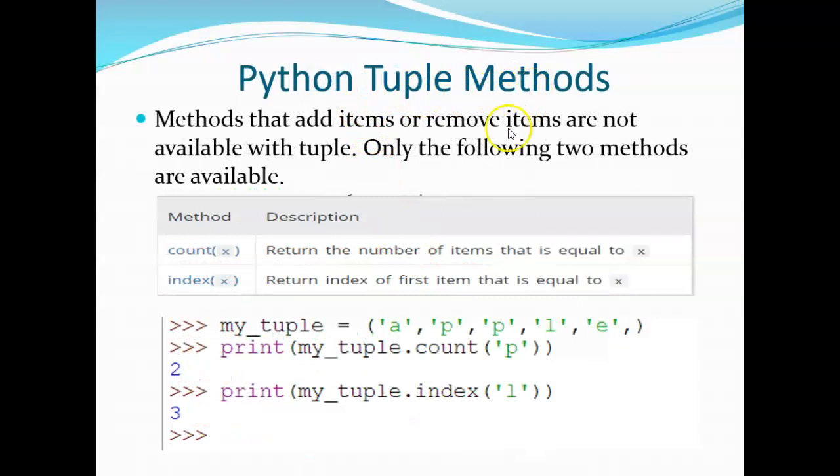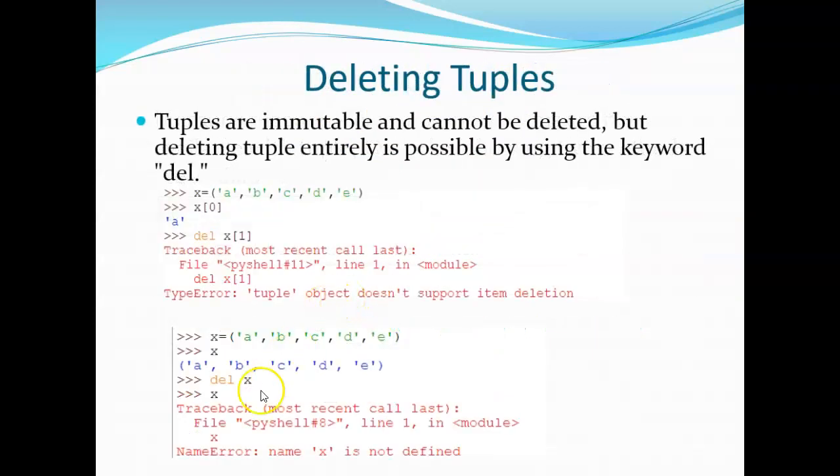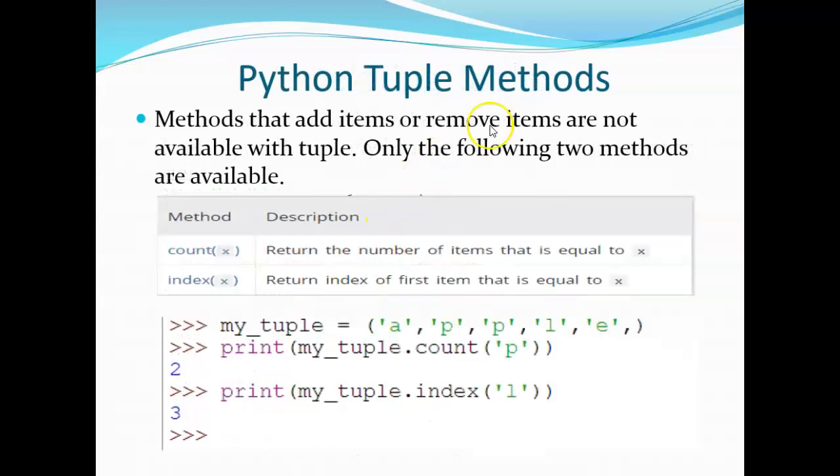Python tuple methods. Deleting an individual element, del x, is also not possible. Tuples are immutable so elements cannot be deleted, but deleting a tuple entirely is possible by using the keyword del x. After that, it no longer exists.